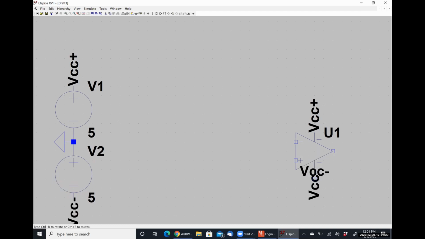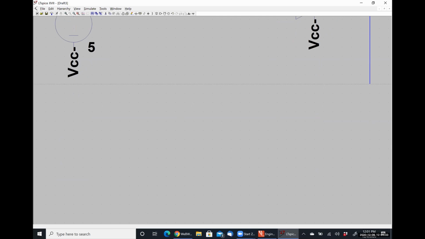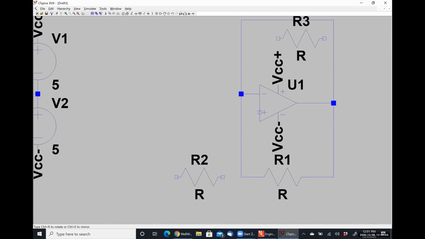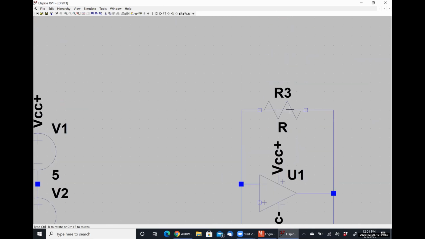All right, so my negative feedback path. Positive feedback path. Here's resistor R1. Over here will be resistor R2. And up here will be that resistor that I just have labeled R.